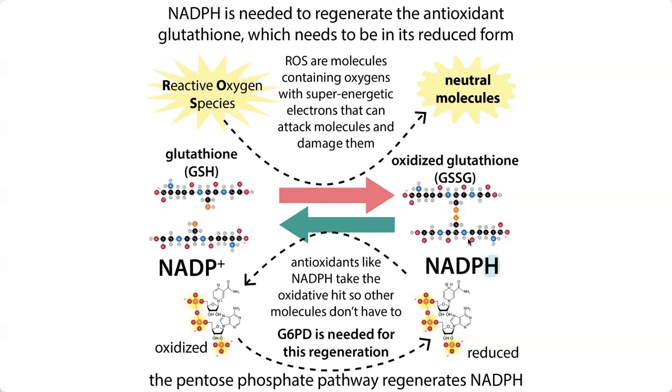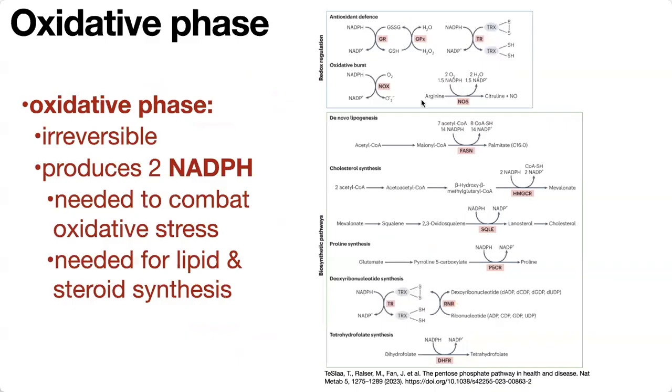But in order to regenerate the glutathione, now you're going to need to reduce it. And the main reducing agent we keep in our cells is this NADPH. The NADPH can then go and reduce the oxidized glutathione to give us glutathione that can now be an antioxidant again. So this is happening with the help of this glutathione reductase.